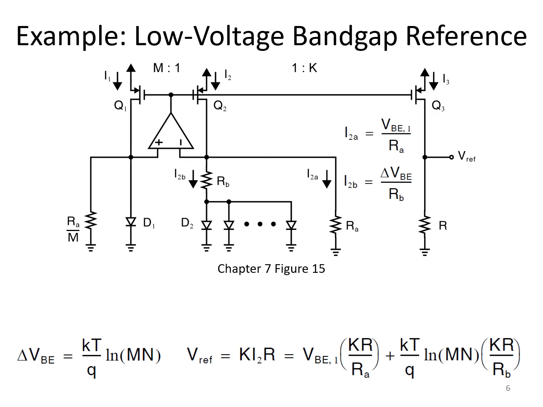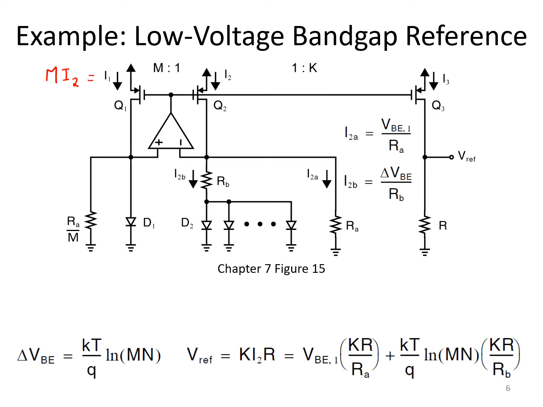Recognize that the transistors Q1 and Q2 are biased with the same gate source voltage, and that the op-amp produces a feedback loop so that the virtual short circuit between the op-amp's input terminals provides the same drain source voltage for Q1 and Q2. So they form a very well matched current mirror. And as a result, since they're ratioed M to 1, we know that I1 is equal to M times I2.